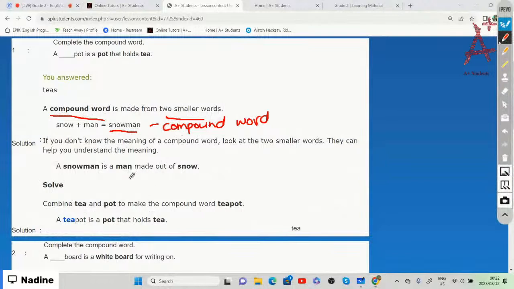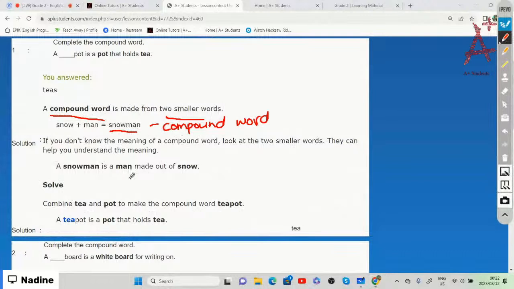Because remember, we said that with the two smaller words, one word means something and the other word means something. If you put those two words together, your compound word, or your bigger word, will change in meaning, right? Like for example, a snowman, right?